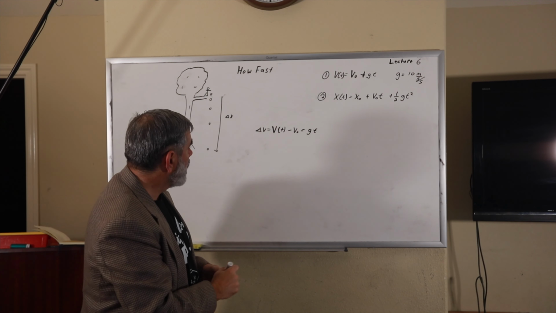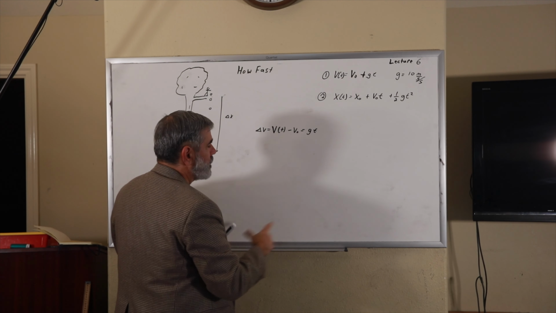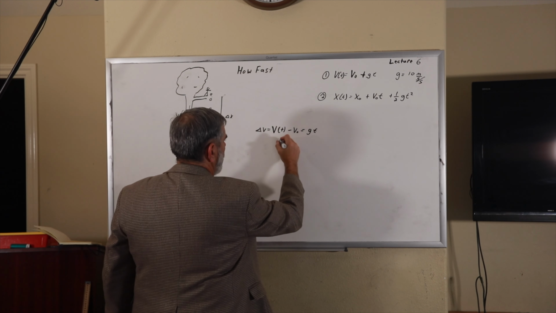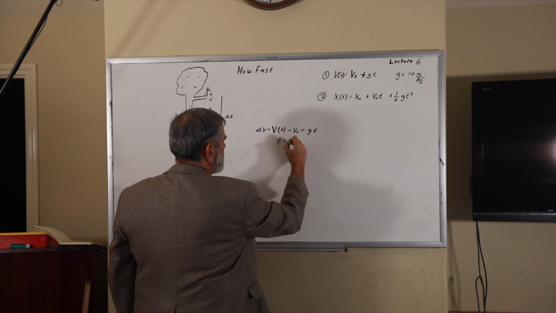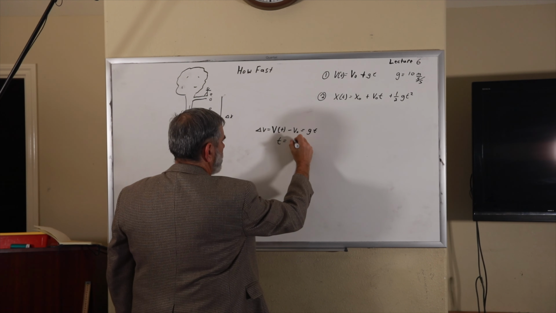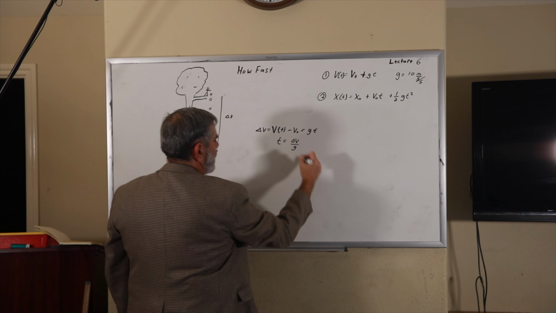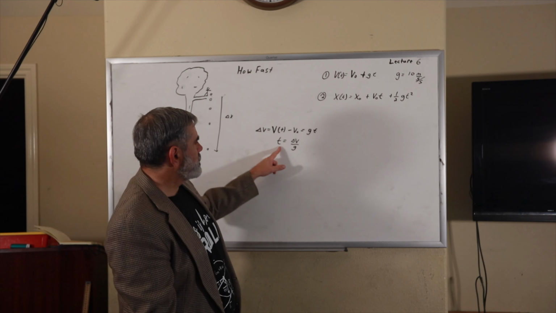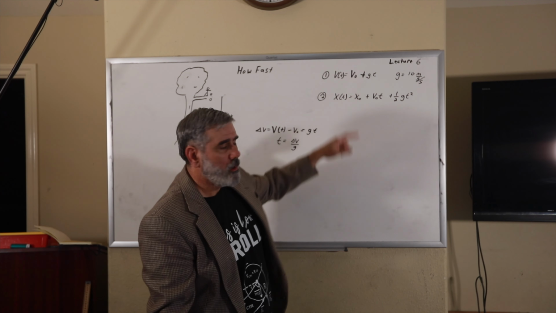Then I'm going to solve for time to see how long it takes to fall. With a little bit of algebra, we get that this time is equal to delta v divided by g. Now we're going to substitute this time value into equation 2.